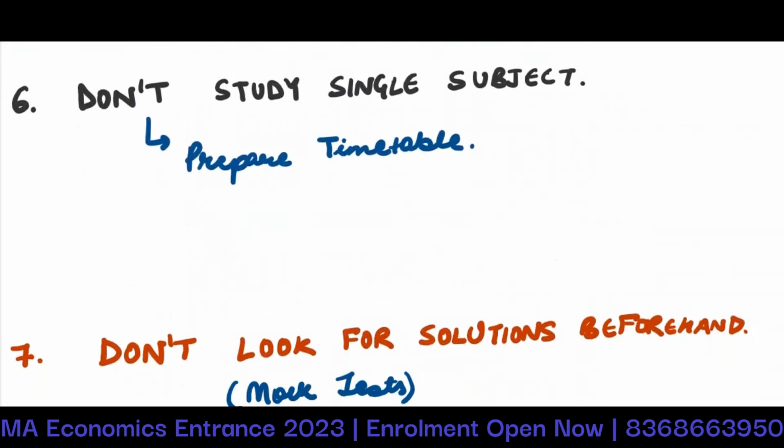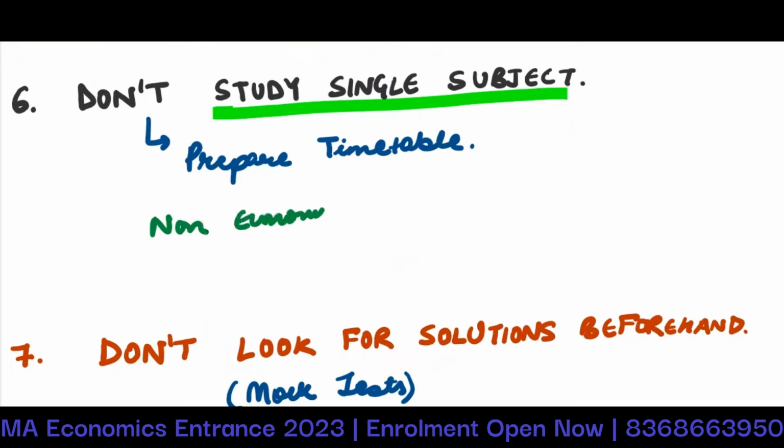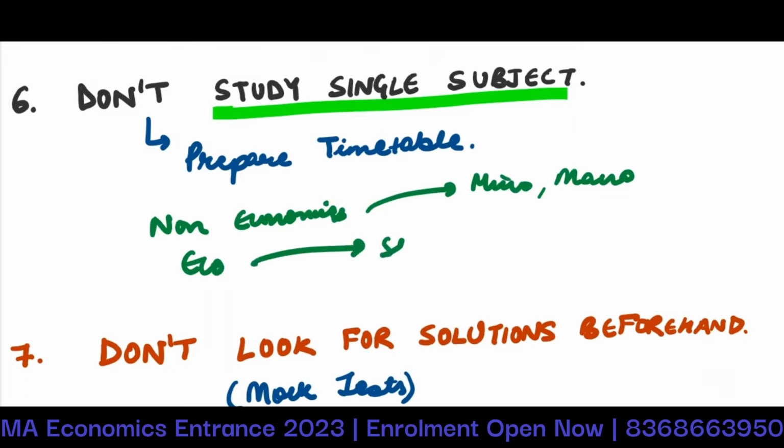Don't study a single subject. A lot of times what I have seen is some students will say that, I am from a non-economics background, and they will spend their entire time on macro. Some will say I am from an economics background, they will spend their entire time on just mathematics.